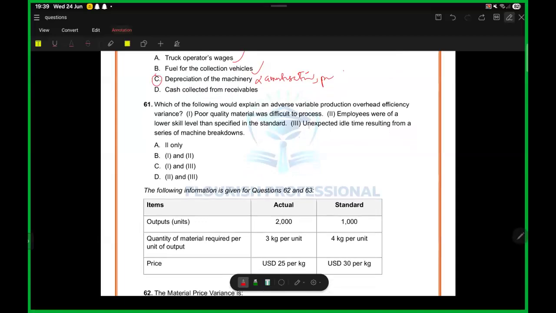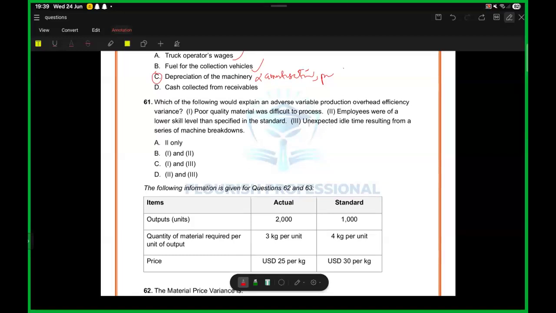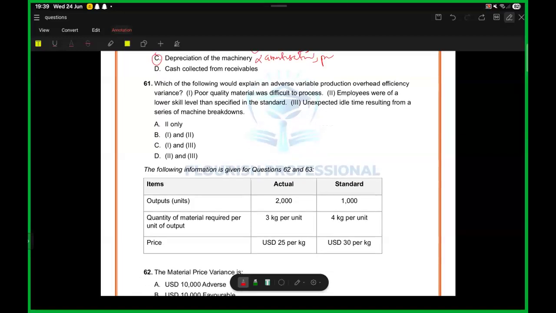Can we read the 61? Are we okay? Okay, so let me read 61.